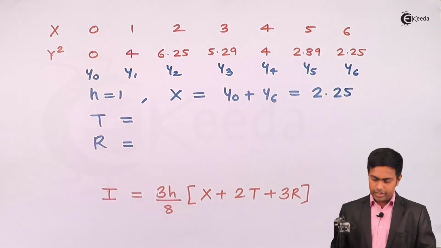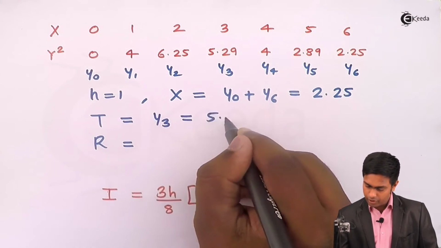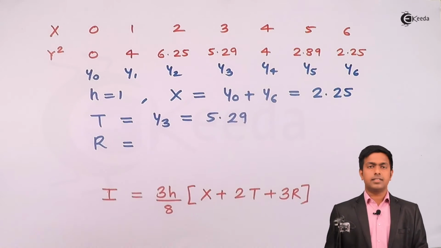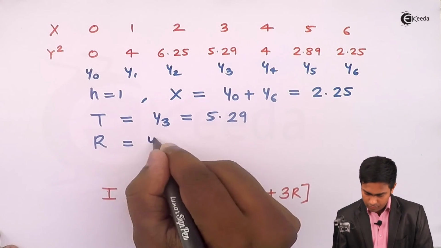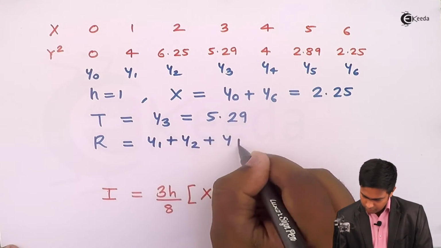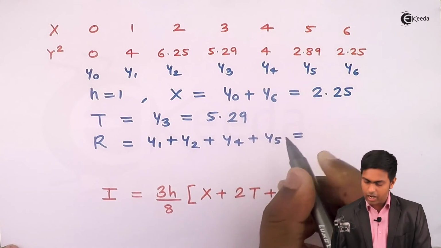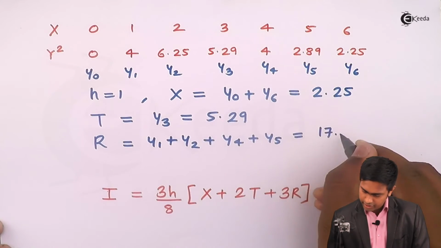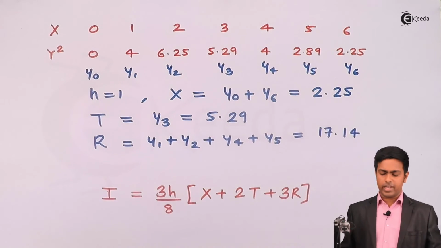So T is nothing but the value of y3, which is 5.29. Now R is the sum of the remaining ordinates, y1 plus y2 plus y4 plus y5. If you add all these 4 values in the calculator, you will get 17.40. So here we got the values of X, T and R.